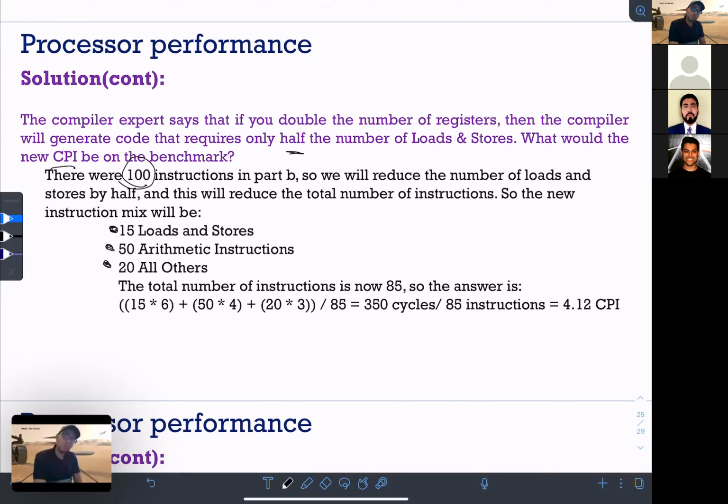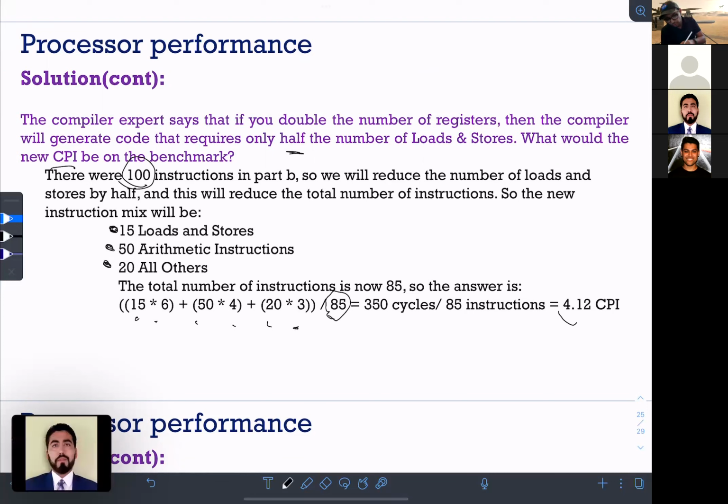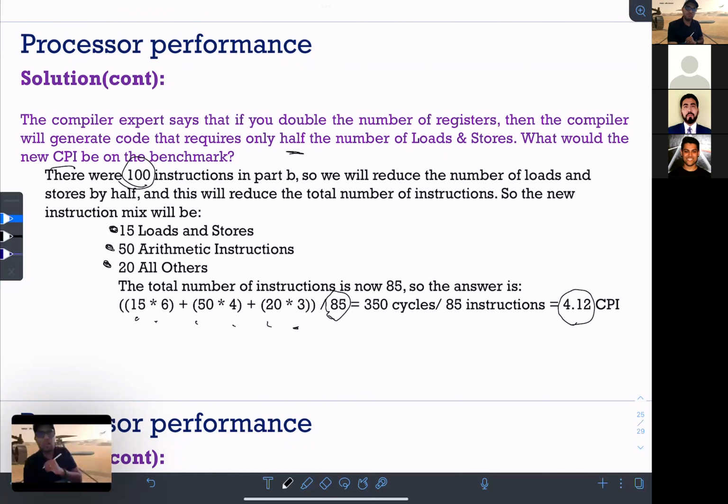To get the new CPI, you multiply each of these by its cycles and divide by, instead of 100, 85. Which is going to make it 4.12.